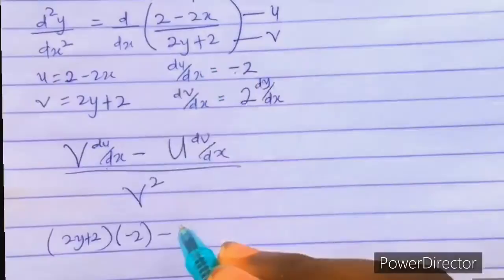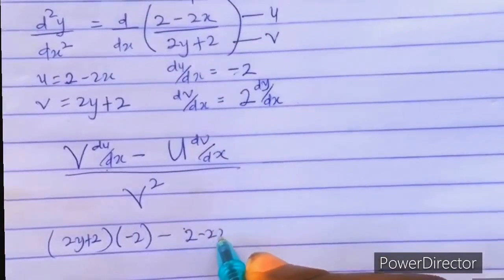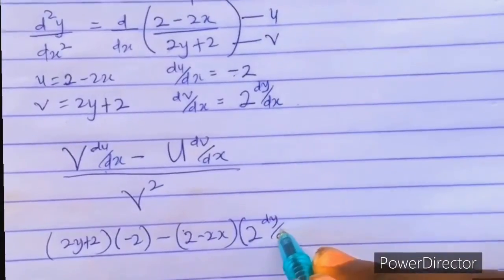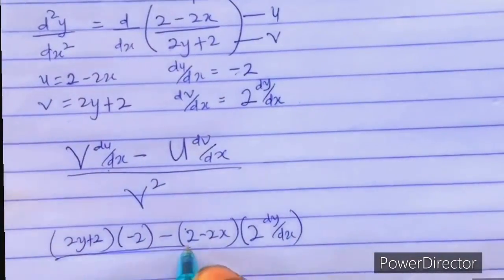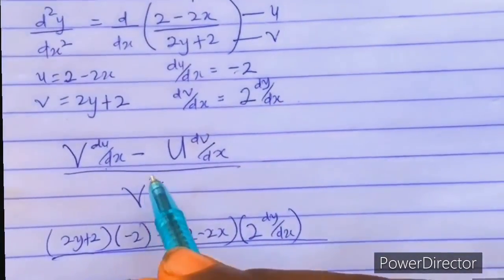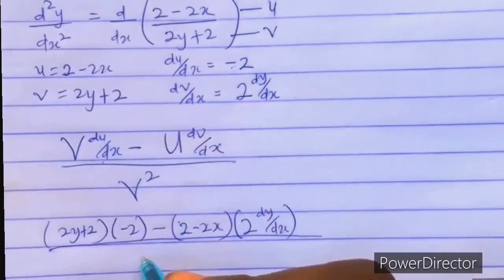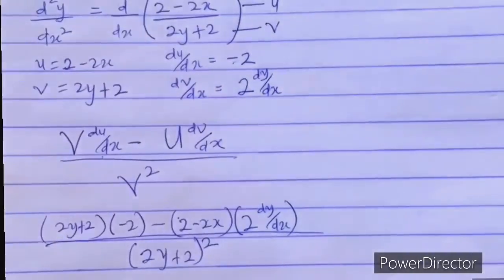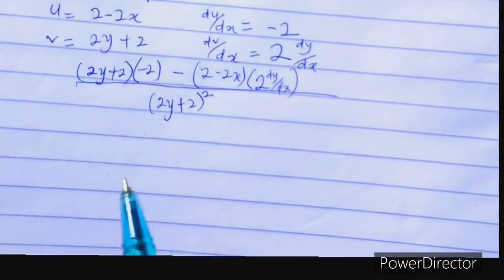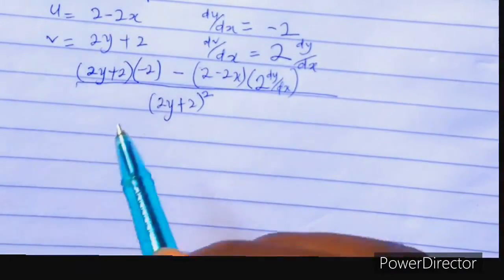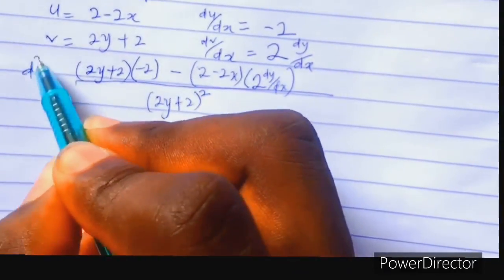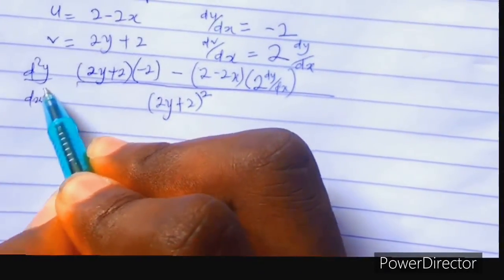My u is 2 minus 2x, dv/dx is 2 dy/dx, all over v^2. My v is 2y plus 2 all squared. Now after that, let's just substitute the values here.